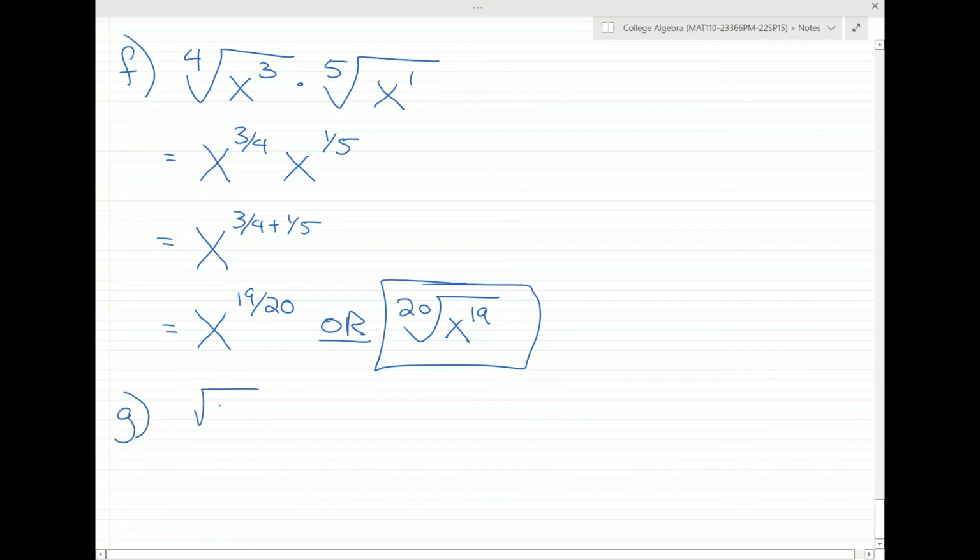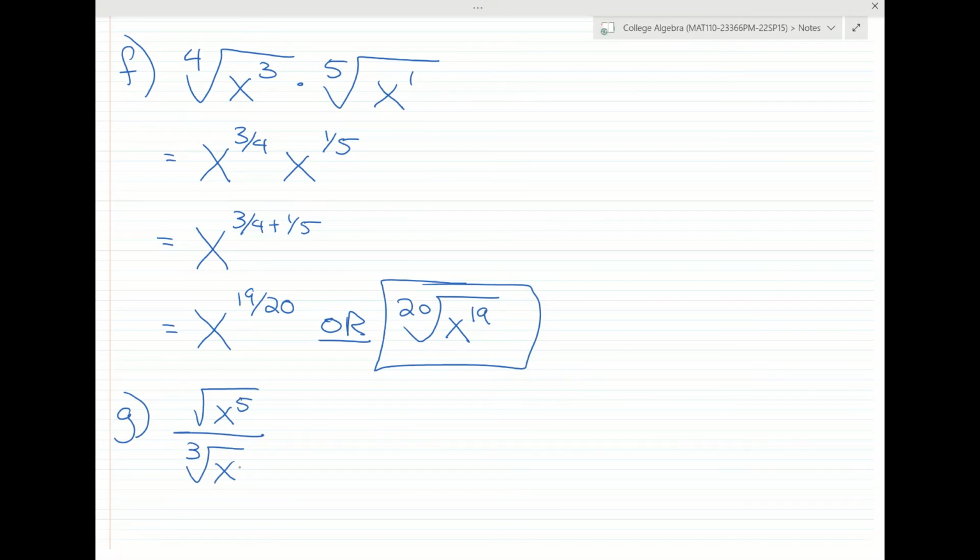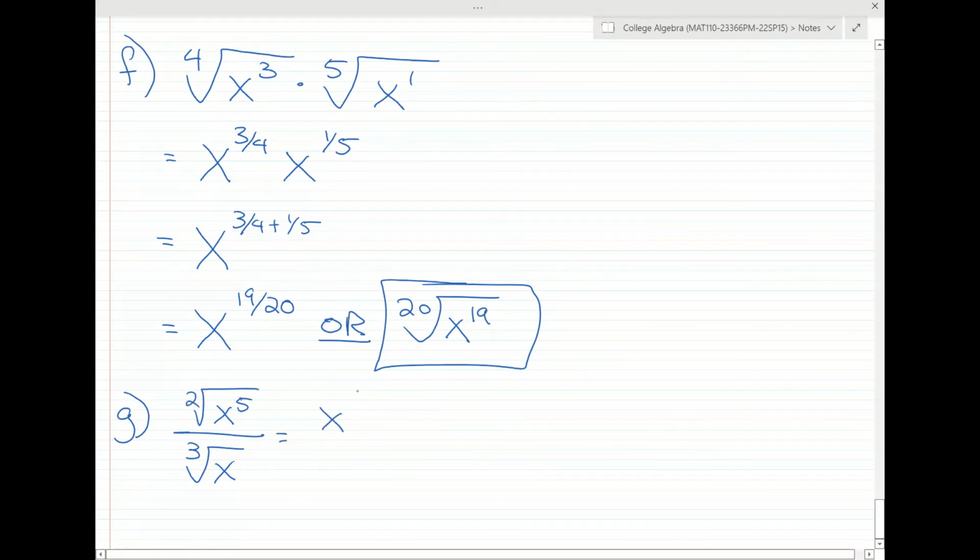Similarly, if we had the square root of x to the 5th divided by the 3rd root of x, just think about if you could write this another way. This would be the same thing as x to the 5 halves divided by x to the 1/3.